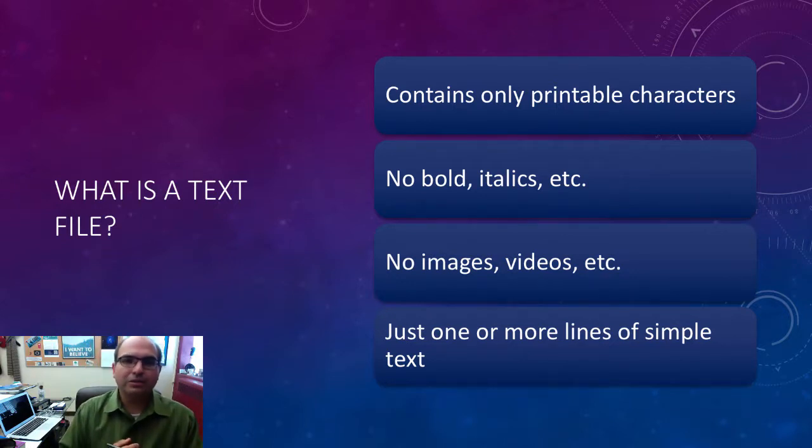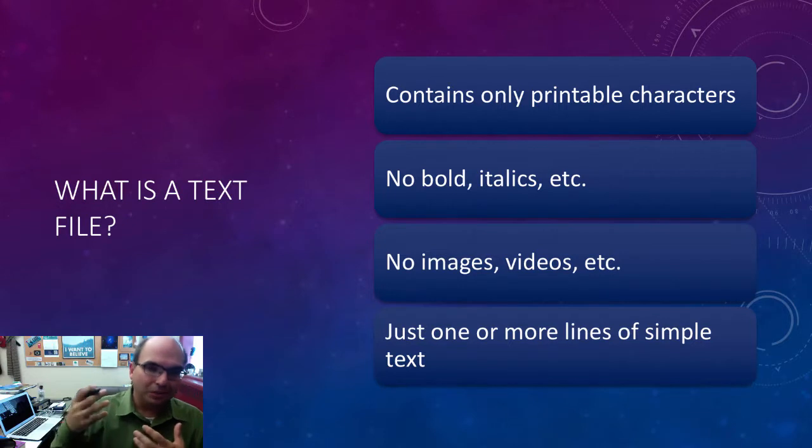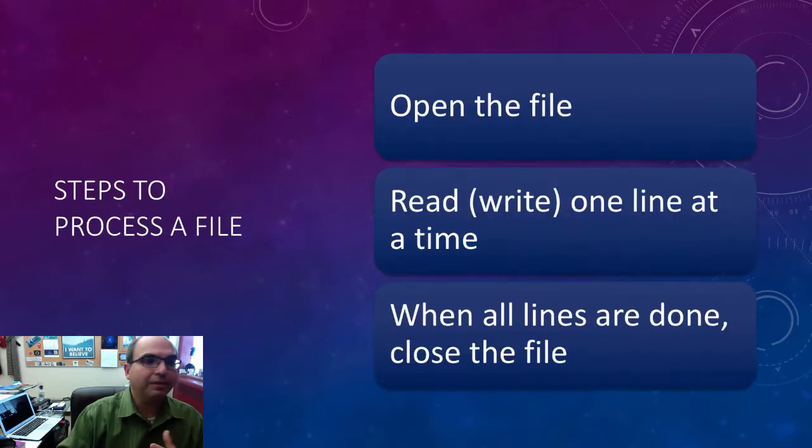So it doesn't have things like bold and italics. It's just the letters. There are no fonts. You can't have images, videos, anything like that. It is just one or more lines of simple text. Like I said, no fonts, no fancy characters, no embedded images, nothing. It's just letters. So that's what a text file contains.